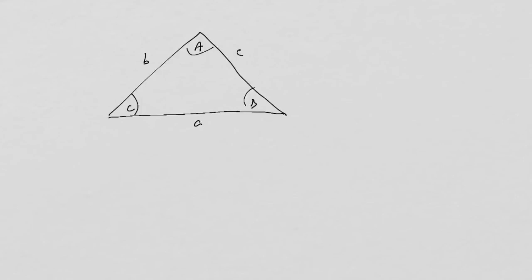Again we're going to drop down this vertical, so call that h, and we're going to introduce another variable. By the way, there are plenty of other ways to prove this, but I'm going to do it this way. So from the corner C to where the h drops down is x, which means that the other portion is a minus x.